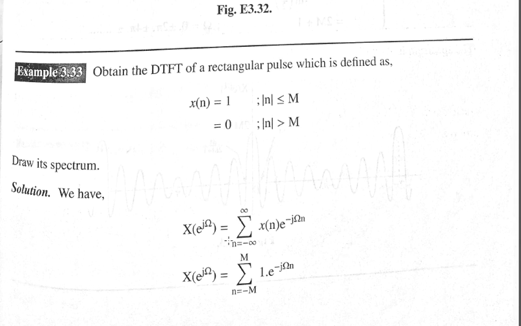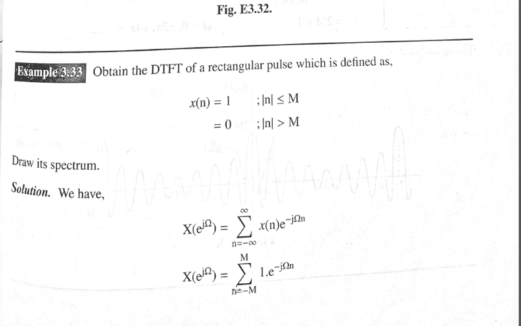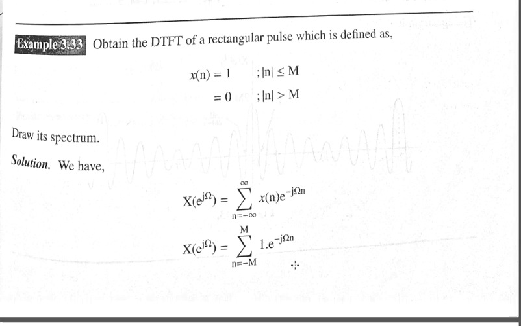So we use this equation, sum over n from -infinity to +infinity of x of n e raised to -j omega n. But we know that the signal is 1 only in the duration M. So it would be n from -M to +M, where x of n is 1, times e raised to -j omega n.